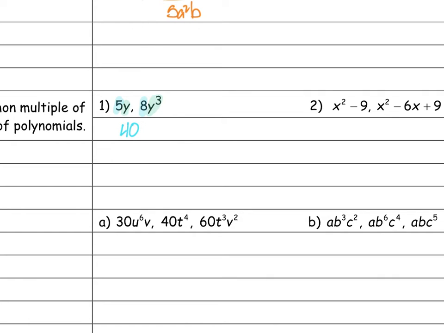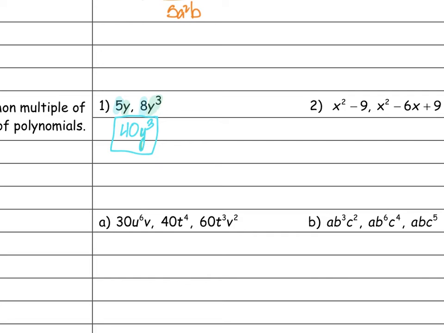I need the smallest amount of y's that both y and y cubed go into, and that is the one with the highest variable, so that would be y cubed. So my answer would be 40y cubed.